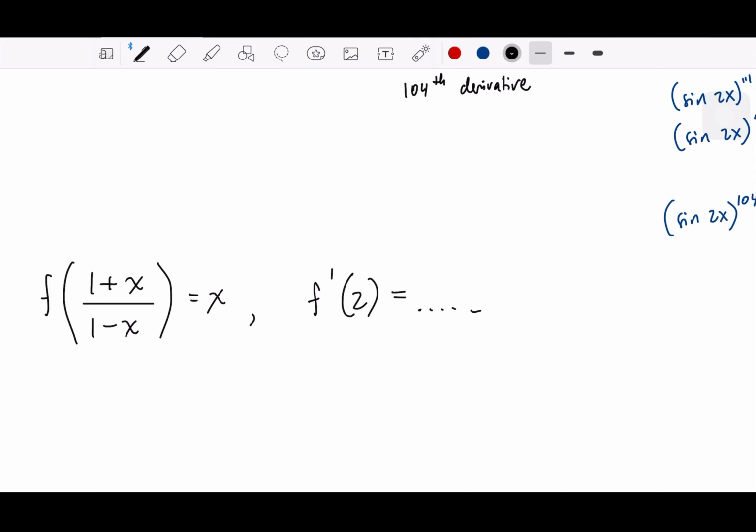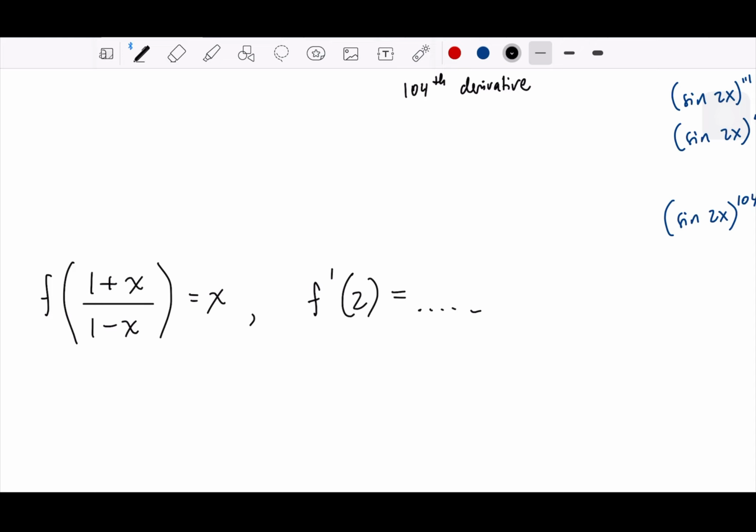This is the equation. So f of (1 plus x over 1 minus x) is equal to x. So the question is actually asking for f prime of 2. So first you need to think about what this relation is.